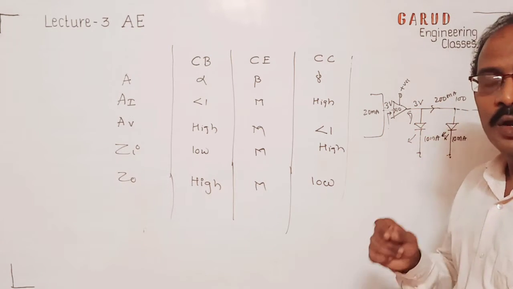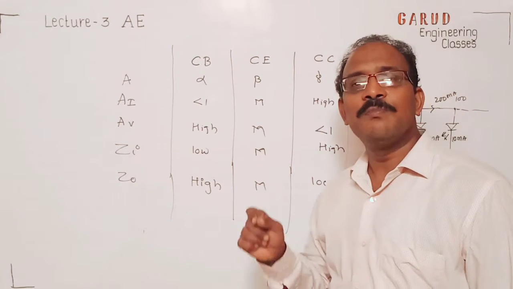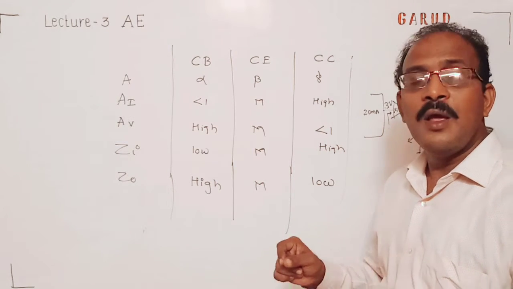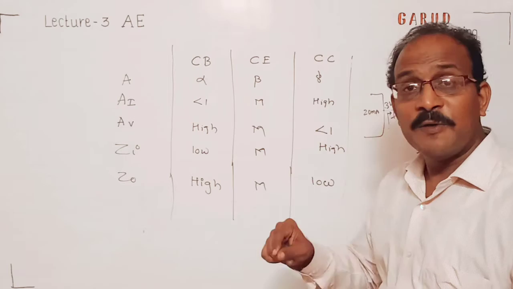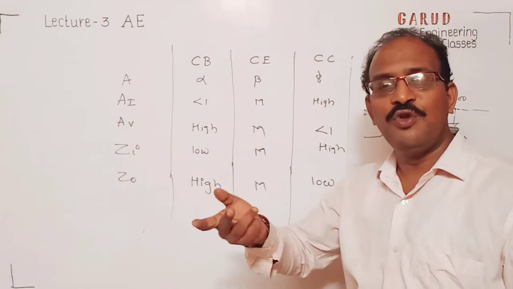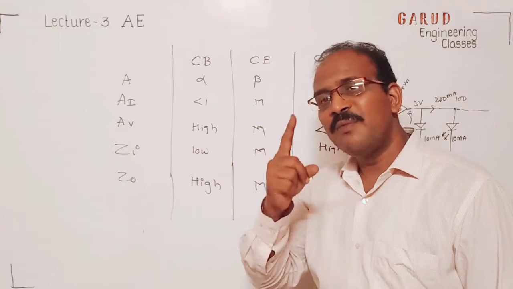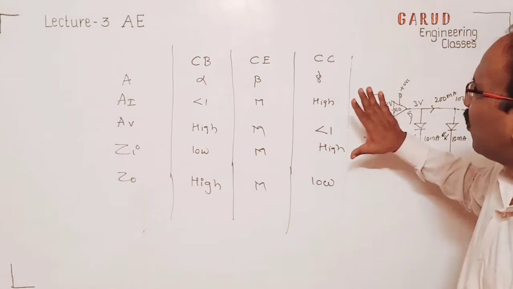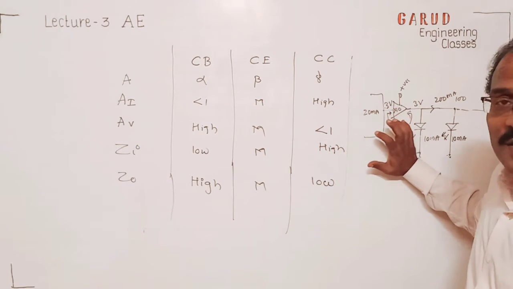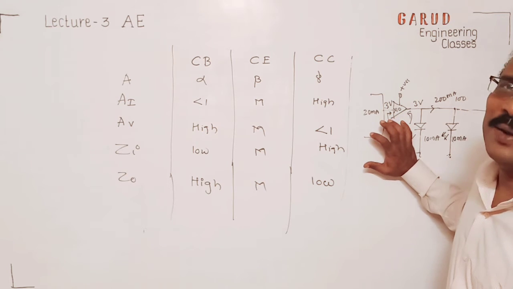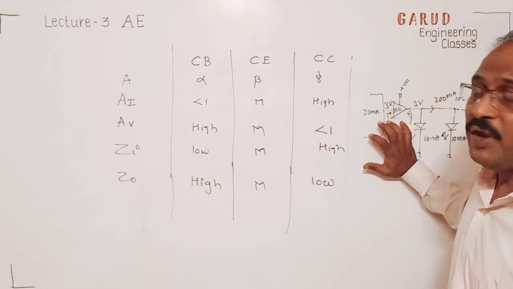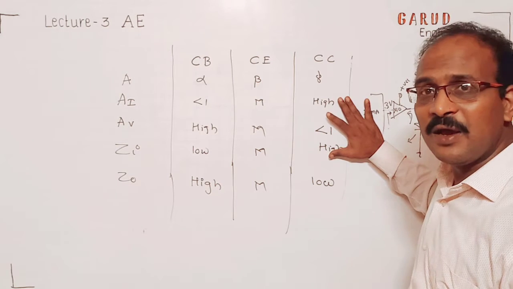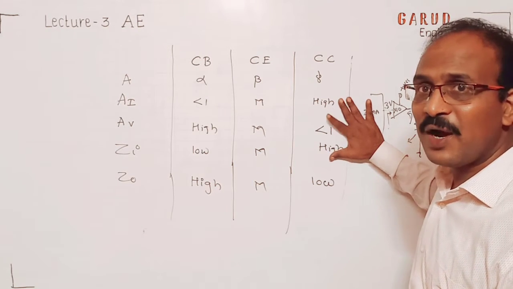The answer: the basic requirement of a buffer is very high input impedance and very low output impedance. A buffer must be a current amplifier and the voltage amplification factor must be unity. The common collector satisfies all that, which is why it behaves like a buffer. But it is not a voltage amplifier. Correct? We cannot use this for the mic-speaker combination, our amplifier system. Why? I will tell you.